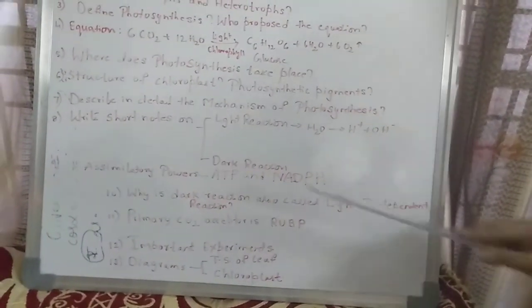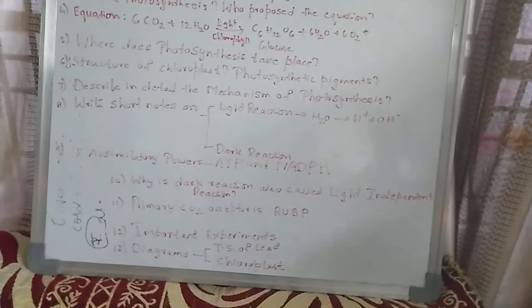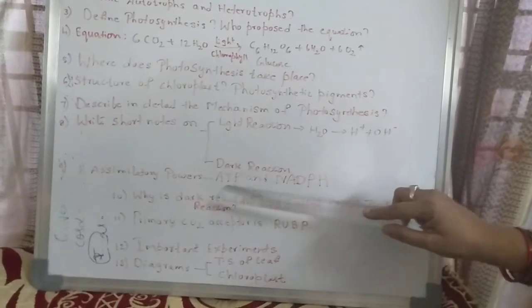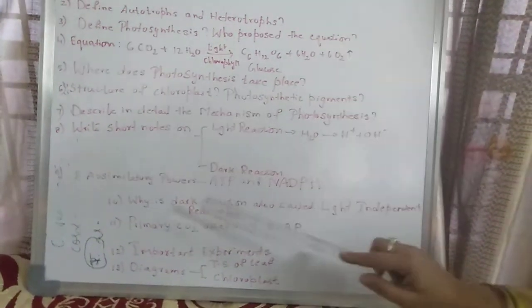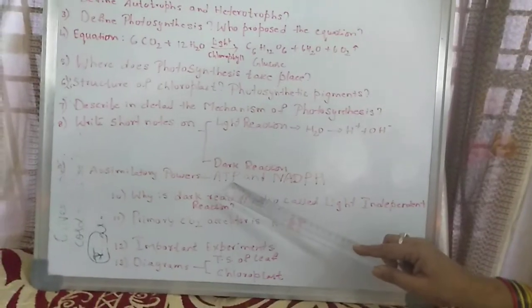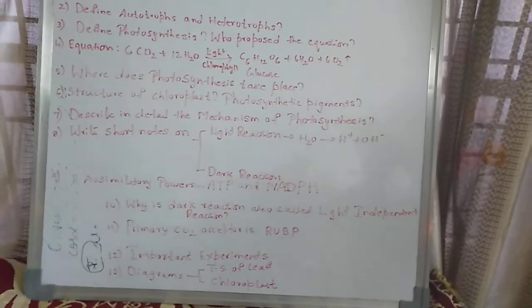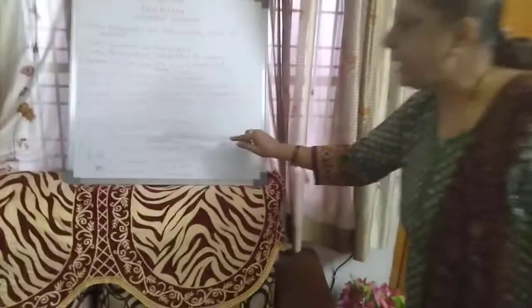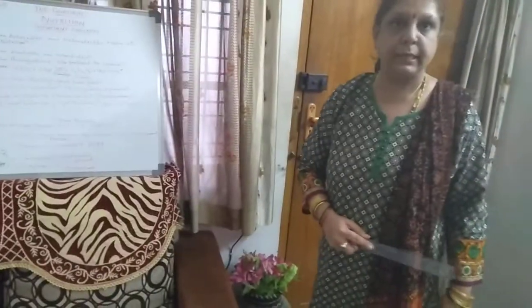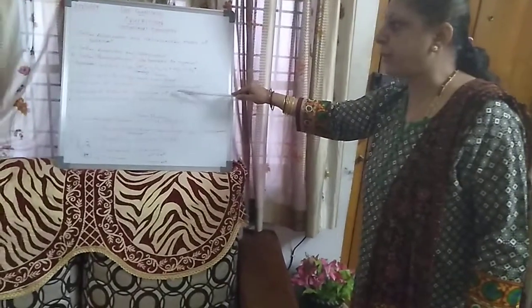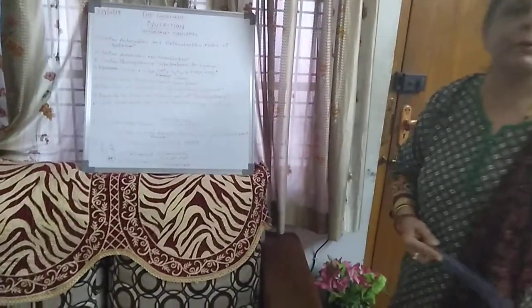At the same time, ADP, which is adenosine diphosphate, accepts one phosphorus molecule and gets converted to ATP, which is adenosine triphosphate, which is also called the energy currency of the cell. All the chemical energy is in the form of ATP, which is adenosine triphosphate.